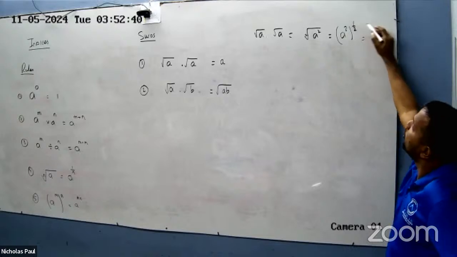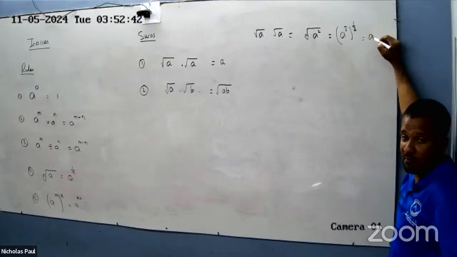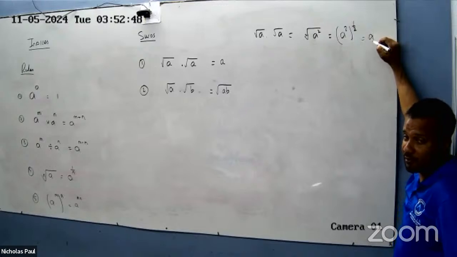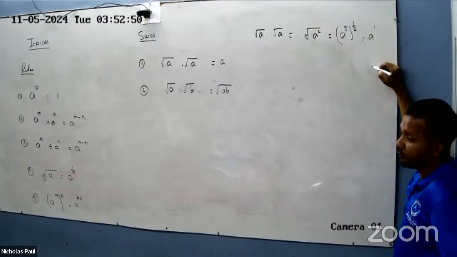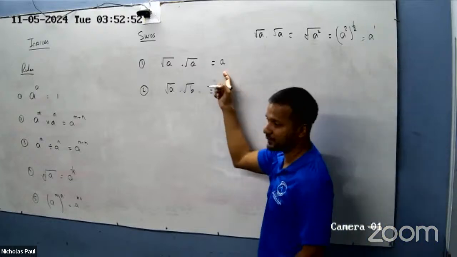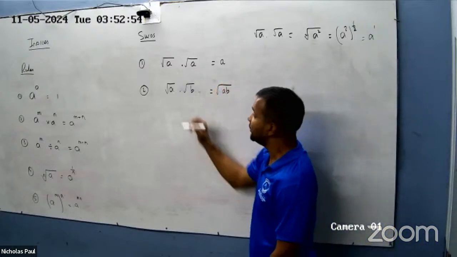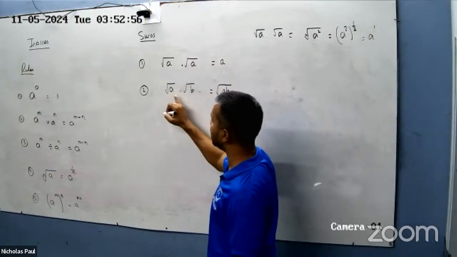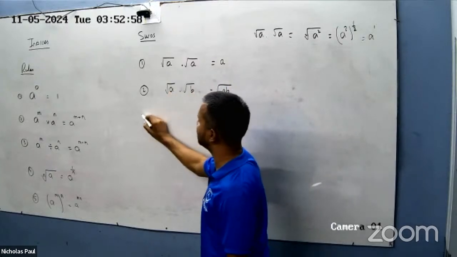Multiply. 2 by a half is how much? No, 2 by a half is 1. That's how we got this answer here. Okay? So root A by root A is A. Root A by root B is this.